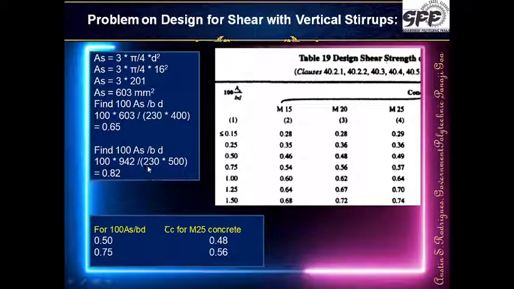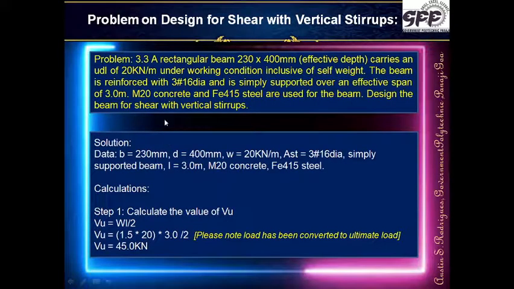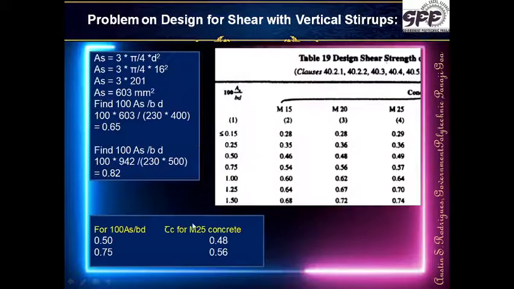Now, looking at the type of concrete, whichever concrete we are using, I think it is M20 concrete which has been given to us. Yes, M20 concrete has been given. So there has been a typographical error over here. This is M20 concrete. When we know that this is 0.65, 0.65 lies between 0.50 and 0.75.